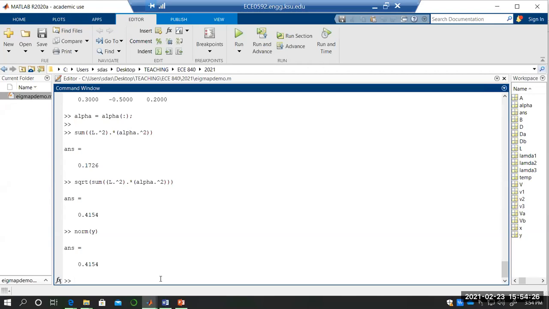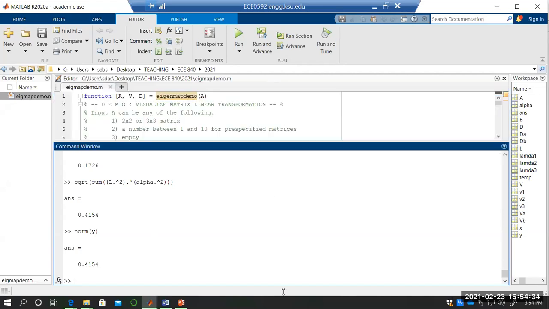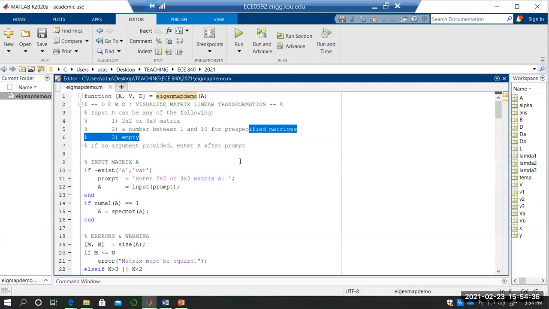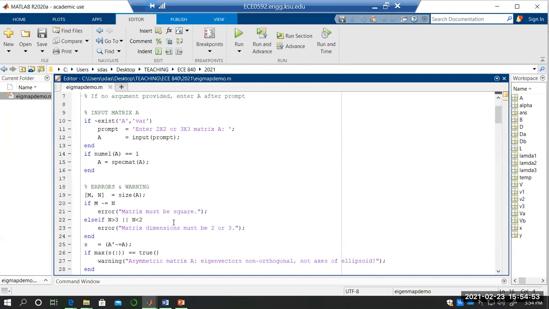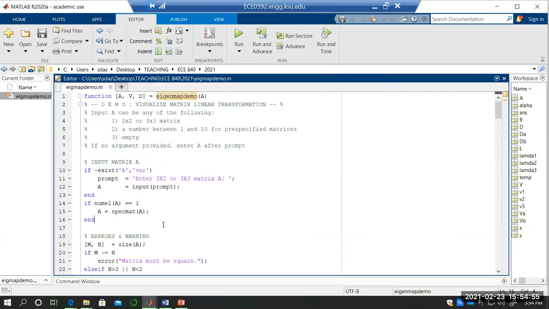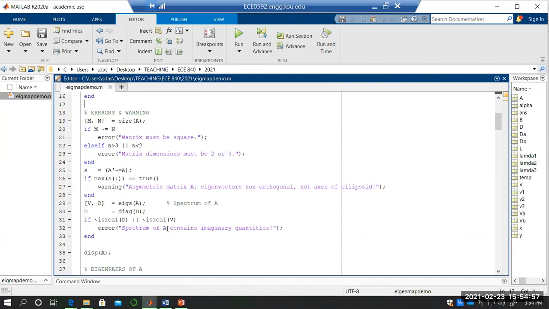Okay. So this is the Matlab code for the demo. You can either pass it a 2x2 or a 3x3 matrix. And if you don't pass it an argument, then it will prompt for a matrix, and then we can read the code.